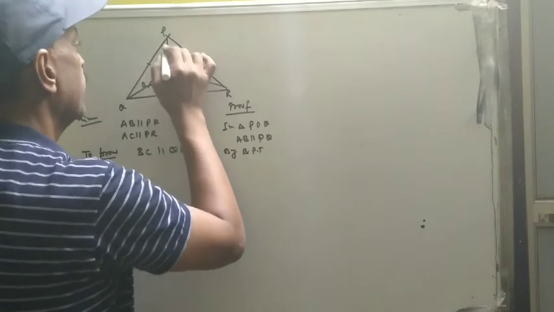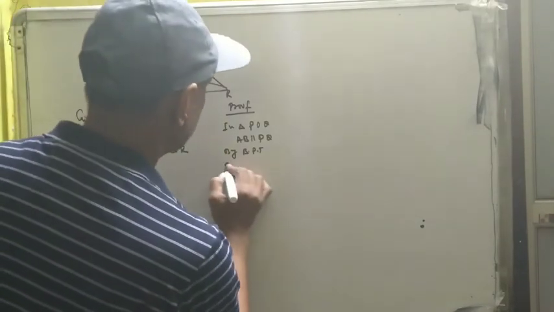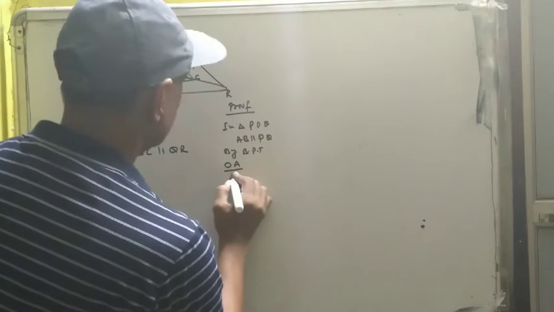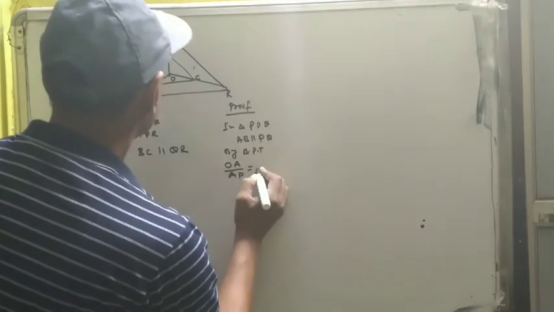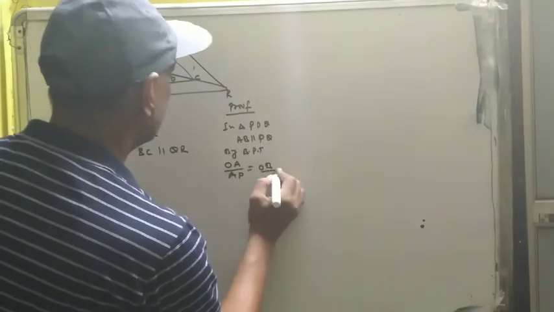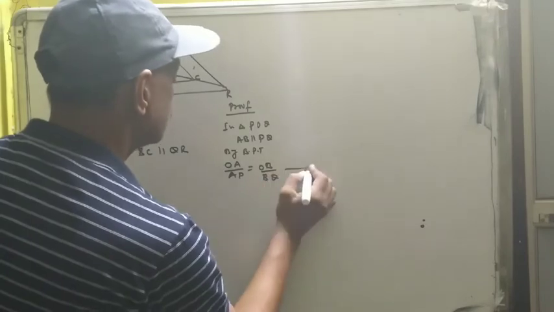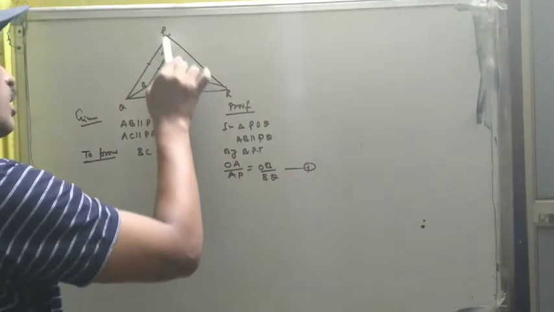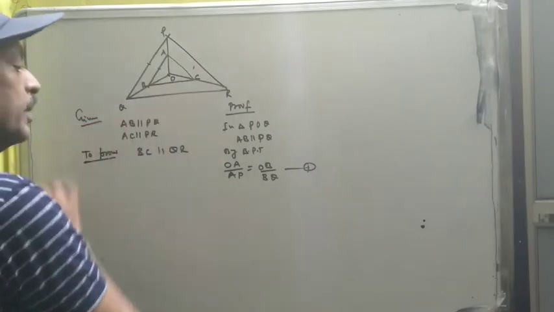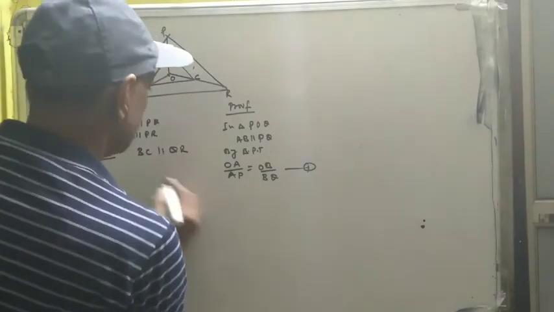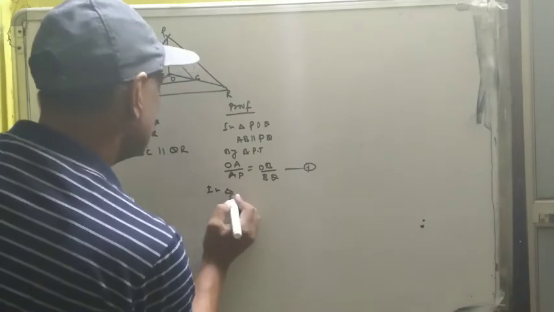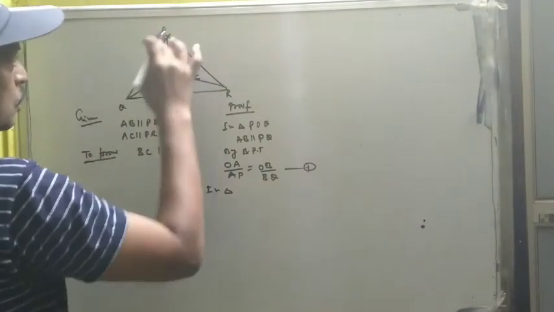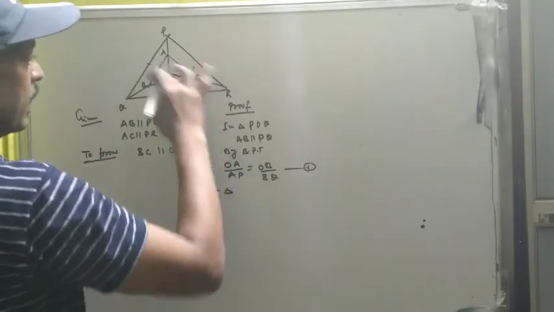we can write OA upon AP equal to OB upon BQ. This is equation number 1. Now for AC and PR, this is AC, this is PR, so the triangle is POR.